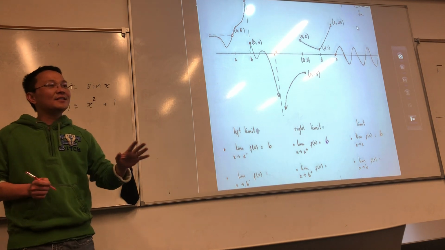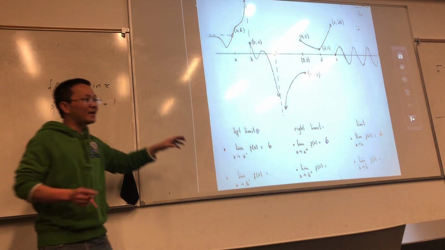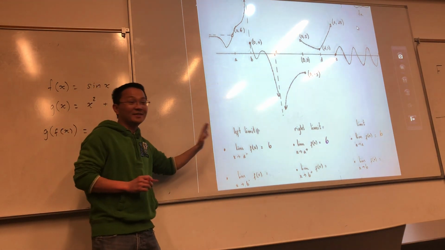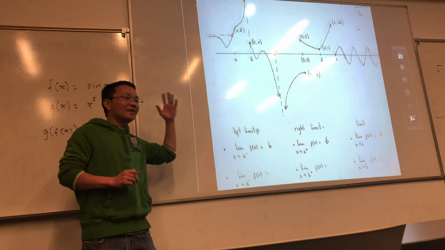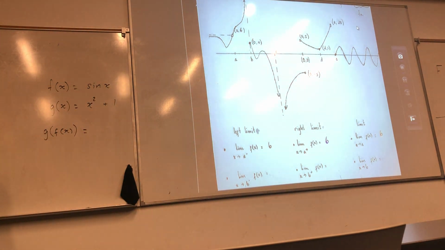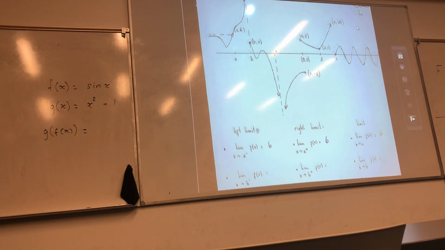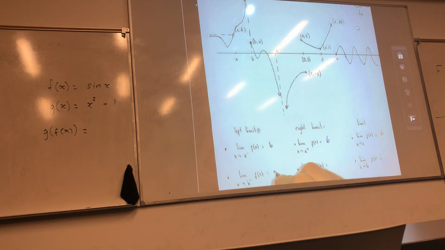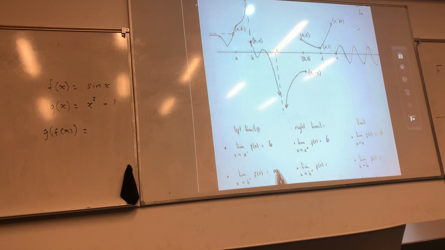Infinity. Technically speaking, if we're really doing mathematics, we'll say it does not exist because it's not a number. But we're just going to put infinity because we're going to use it later, okay? So this is infinity. And be careful, this is positive infinity, because there's such a thing as negative infinity too.